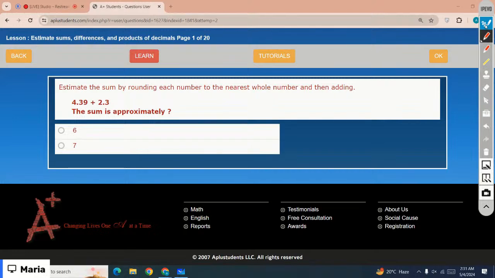Okay, so the first one is 4.39, right? So after the decimal, you have 3. So that is less than 5, so you need to round down to the same whole number. Same way, you have 2.3, that would be rounded off to 2. So the correct option is 6, it is right. Option number 1 is the correct option.